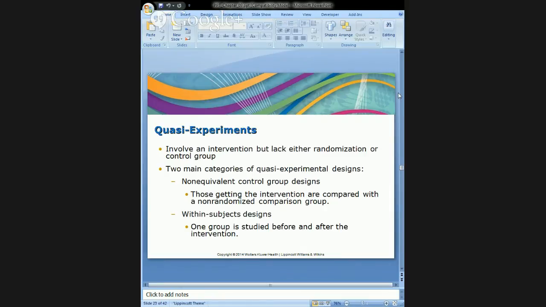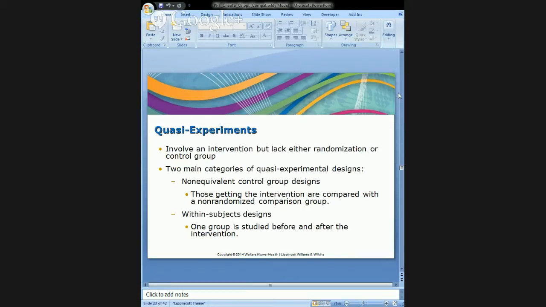Okay, quasi-experiments are experiments, but they lack either randomization or a control group. And there's a couple of different types of quasi-experimental designs, non-equivalent and within subjects designs.